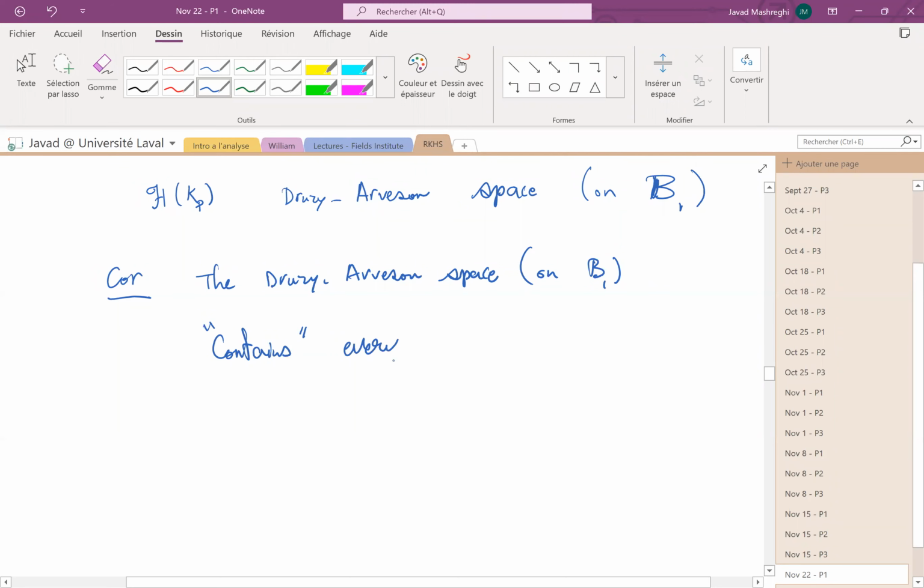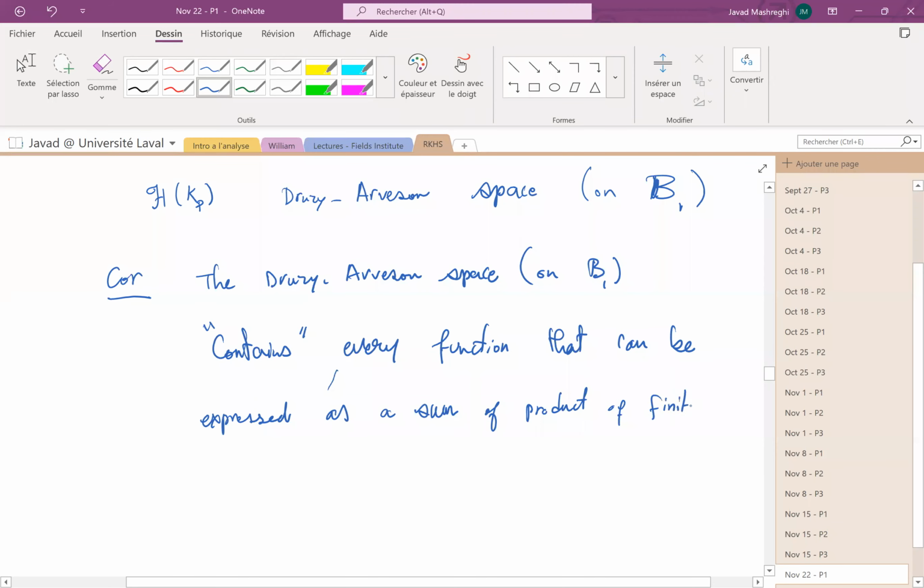every function that can be expressed, so it can be written as a sum. This is trivial. We are in a vector space, so this doesn't matter. But sum of what? Sum of products of, instead of n, now I say finitely many, because it doesn't matter if you consider 1, 2, 3, 10, all of the coefficients a_n are equal to 1, non-zero.